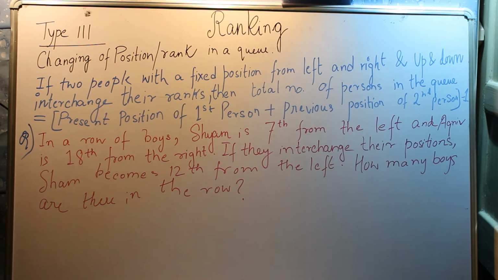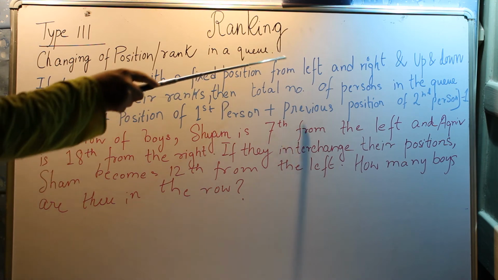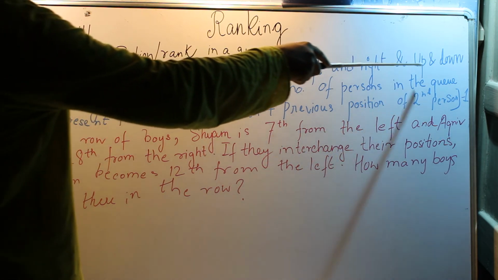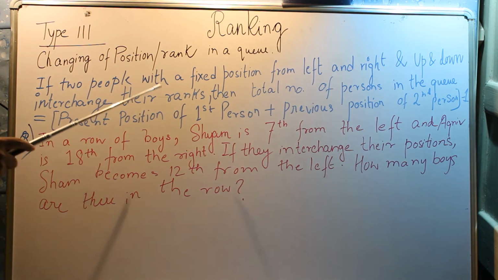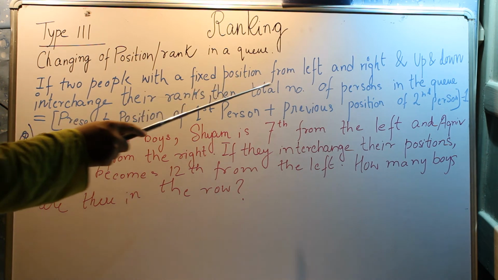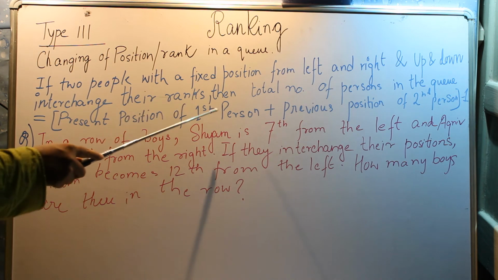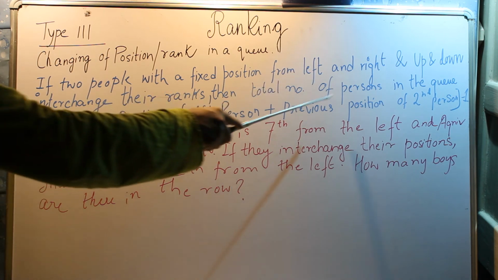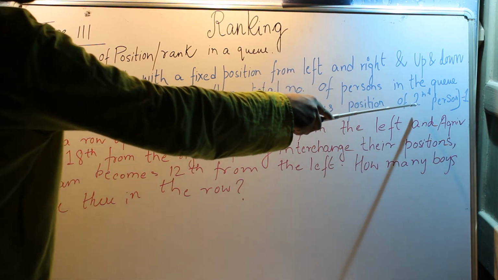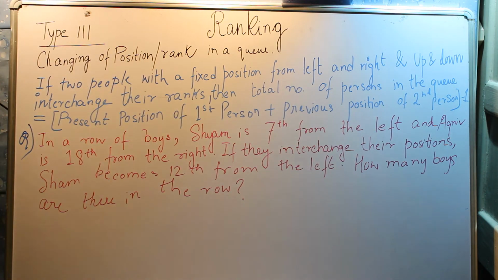This is another type from the topic ranking: changing of position or rank in a queue. If two people with a fixed position from left and right, or up and down, interchange their ranks, then total number of persons in the queue will be present position of the first person plus previous position of the second person minus 1.